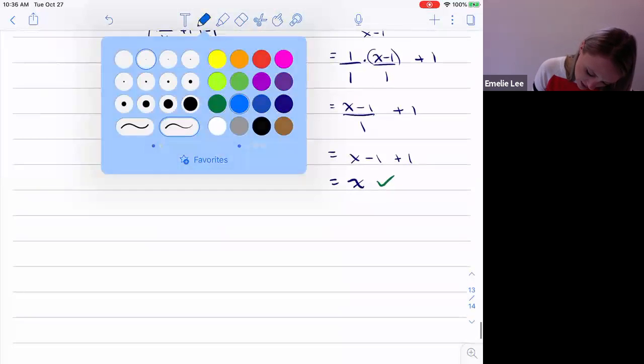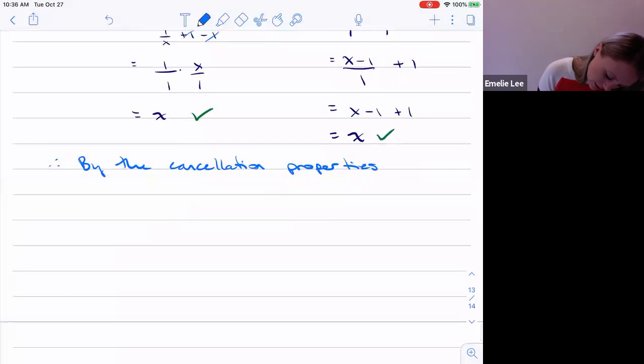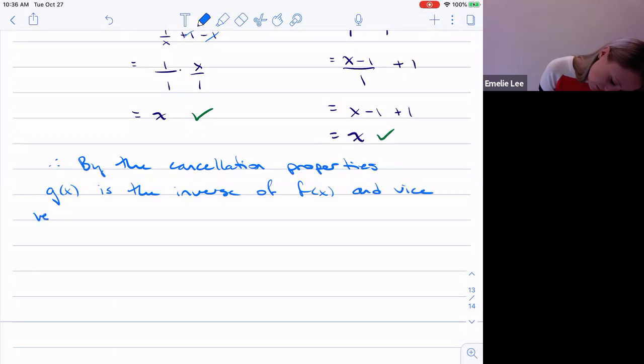So what we're going to say here is that therefore, by the cancellation properties, g of x is the inverse of f of x and vice versa.